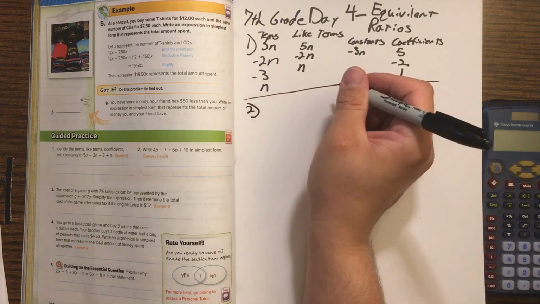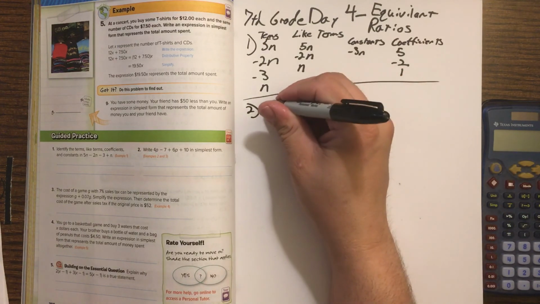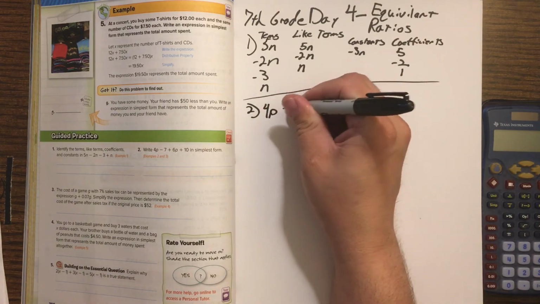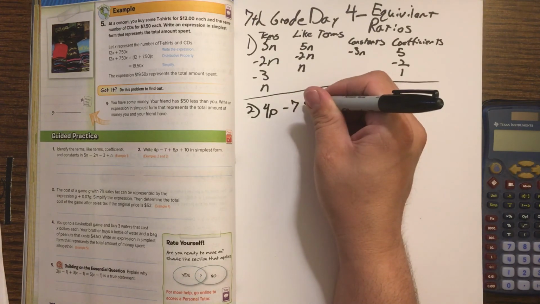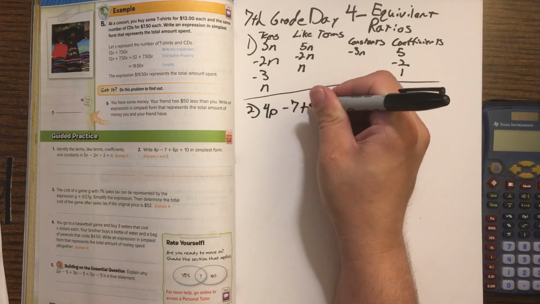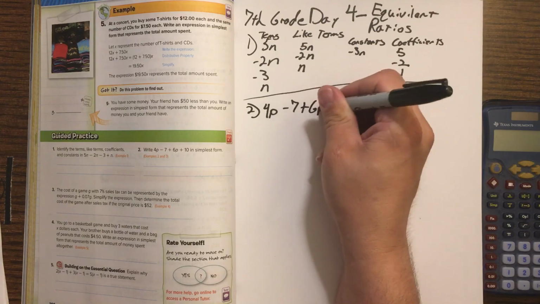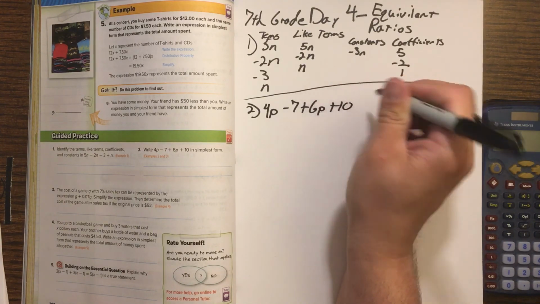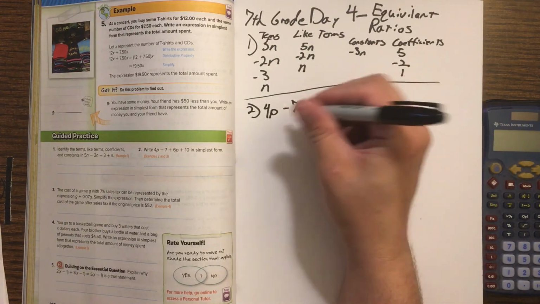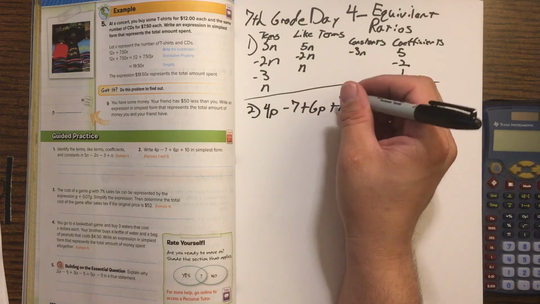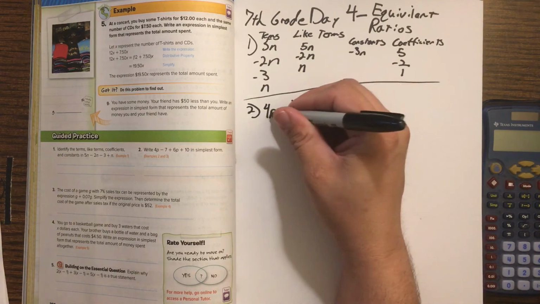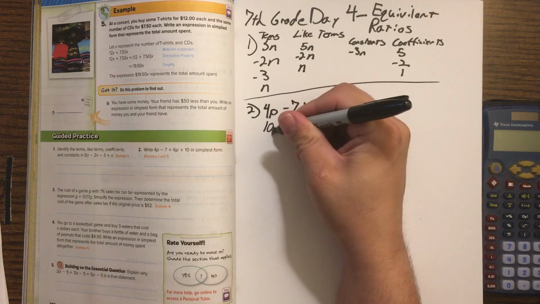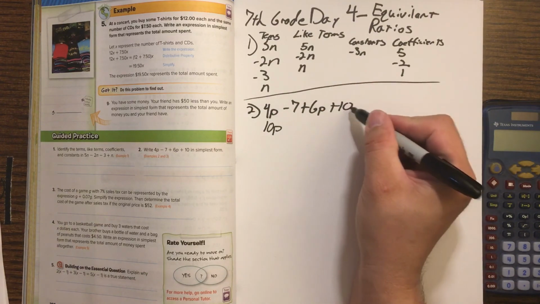Number 2, it wants me to write this in simplest form. So I have 4p minus 7 plus 6p plus 10. So I can only add up the stuff that is similar. So I can add 4p and 6p, that's 10p. And then I have negative 7 and 10.